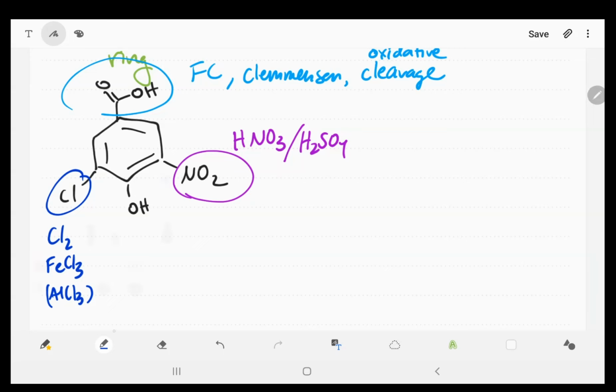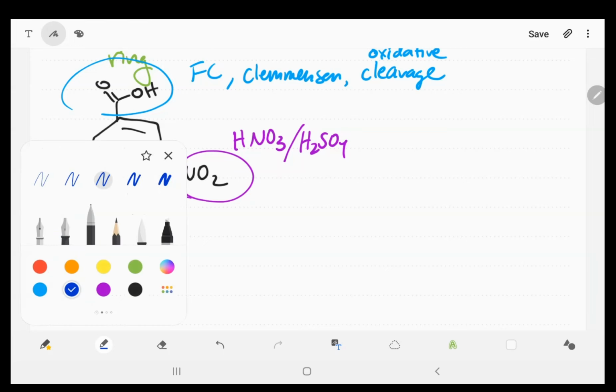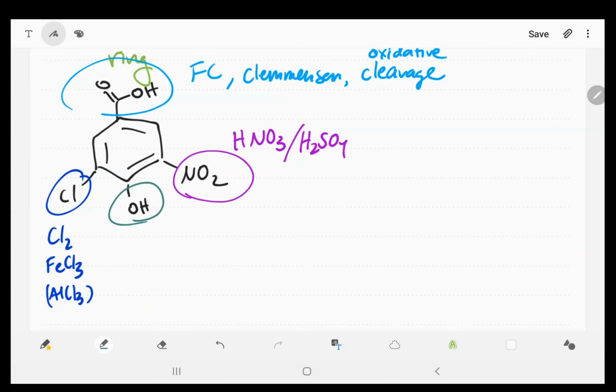And then hydroxide, that's one we've learned today, which we'll do in, let's use the less used forest green here. This we need a leaving group to do NAS with. Or technically, depending on the order we do things, we could potentially use elimination-addition, but let's just avoid that.